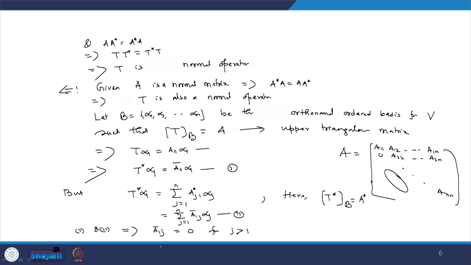So, I have A1j bar equal to 0 for j greater than 1. So, this implies T alpha 2 will be equal to A22 alpha 2 only, since A12 equal to 0.